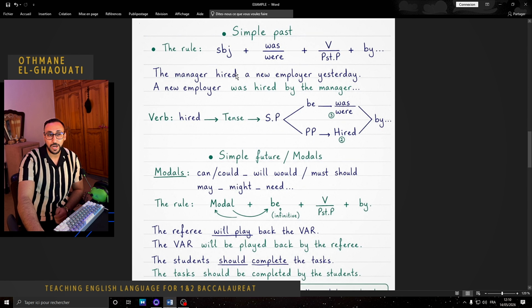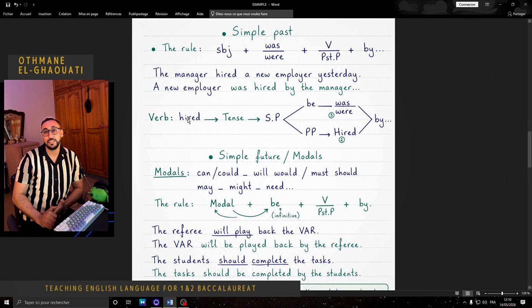We have here another example. The manager hired a new employee yesterday. So the verb here is hired, and then we need to find the tense of that verb, which is the simple past. When you find the simple past, you need was and were.